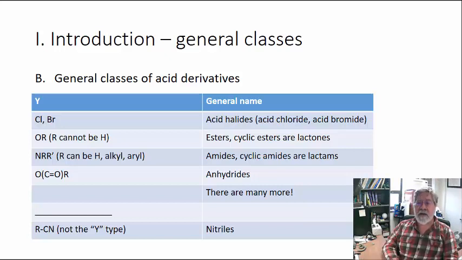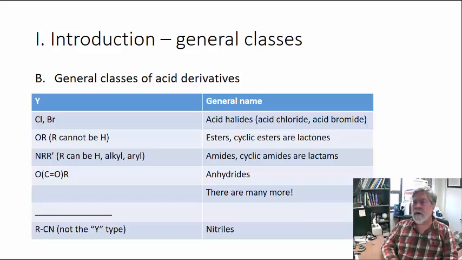On the other side of that carbonyl is an R group. And so that is actually another acid group, a carboxylate. I didn't put it there in parentheses, but that R could also be a hydrogen, alkyl, or aryl. These are the anhydrides.